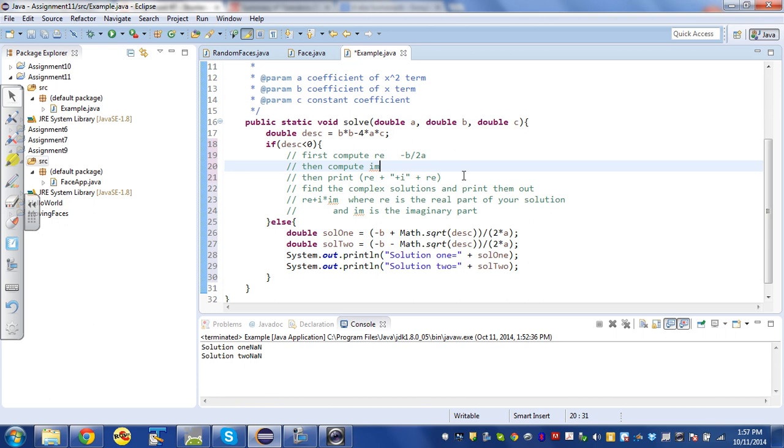And how do you get the imaginary part? Well, you're going to have a positive imaginary part, and you're going to have a negative imaginary part. That gives you your two solutions. And it's going to be something like the square root of the discriminant over 2a, or something to that effect. So the idea is that here we're trying to create a more robust solve method by using conditional statements.